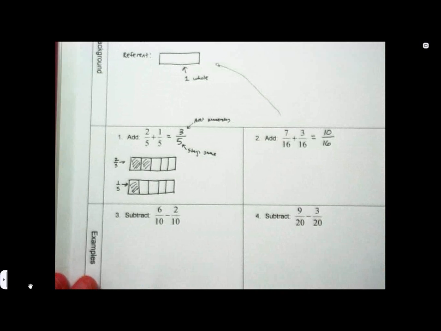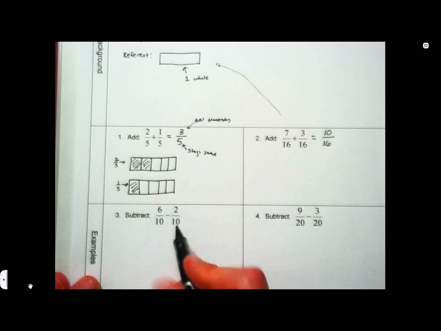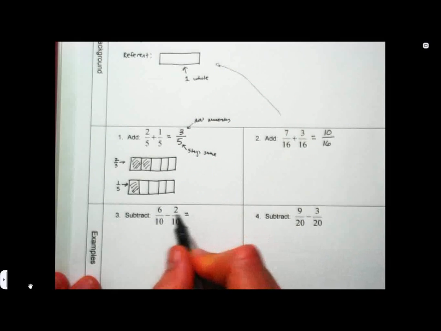Okay, let's look at number 3. This time we're subtracting, but again, it's the same story. Our denominators are the same. What that means, again, is we're taking 6 pieces and we're subtracting out 2 equal size pieces. So that means we certainly can subtract them.